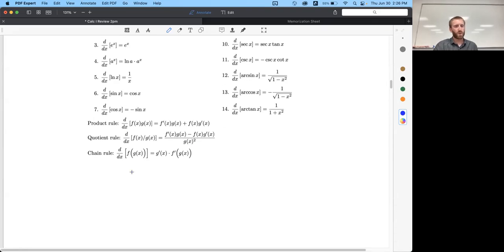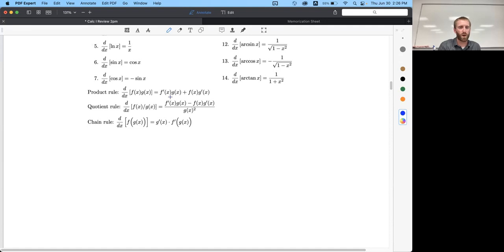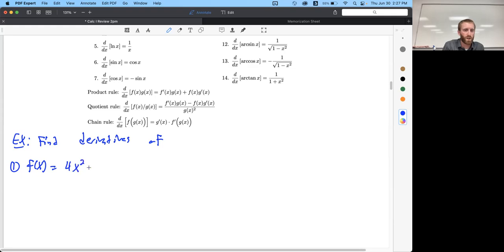And then there's all these other ones as well. And then we also have some rules for taking derivatives of product, quotient, and composition of functions. And so let's go through a couple of examples using those and using some of these properties. Example: find the derivative. Number 1, let's say that f of x is equal to 4x squared e to the x.